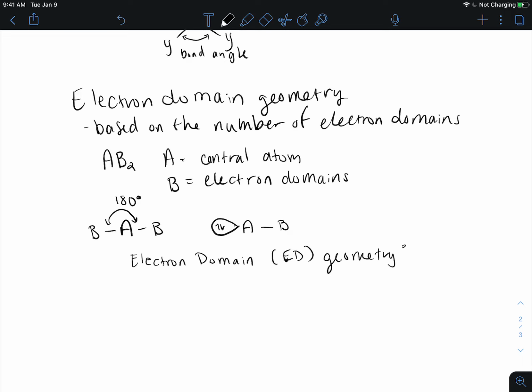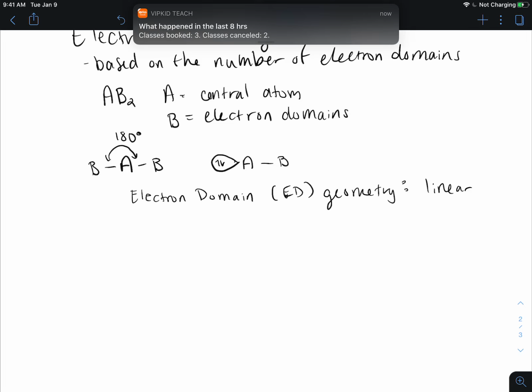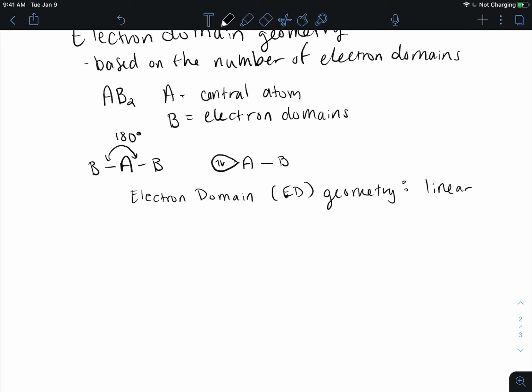So this electron domain geometry, in this case, is going to be linear. And then as long as both of our atoms are bonds, then our bond angles are 180 degrees.